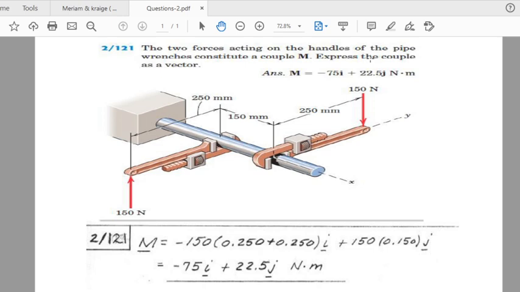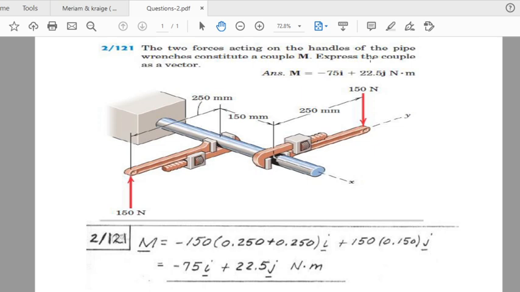At that point, we have the origin of the axis system. So if you consider the 150 Newton force which is directed upward, then the point where this force is applied on the wrench is 150 millimeter behind the origin in the x direction.